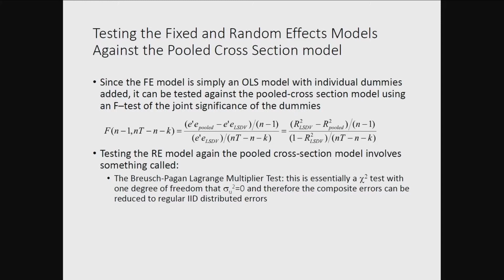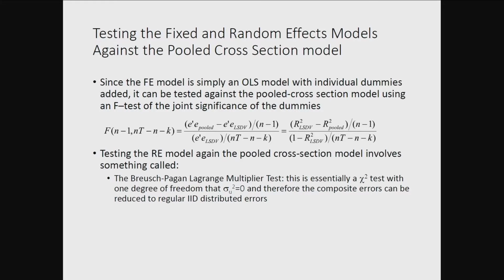Since the fixed effect is simply an OLS with individual dummies added, it can be tested against the pooled cross-section model, which is a simple OLS without dummies, using a classical F-test with the corresponding degrees of freedom.